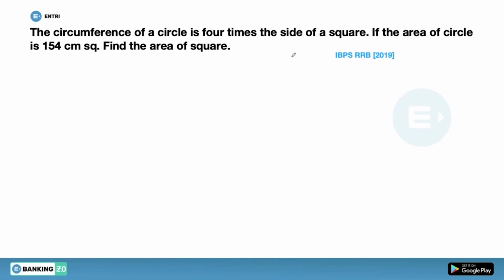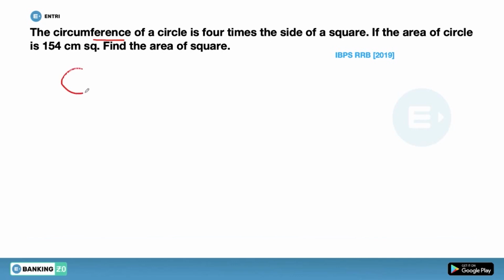See, when we are given that the circumference of the circle is 4 times the side of a square, let's understand the meaning of this word circumference. See, in the previous video, I already told you if someone is saying perimeter, just calculate the sum of the boundary, and the sum of the boundary will give you the perimeter, and the same condition comes with the circumference of the circle.